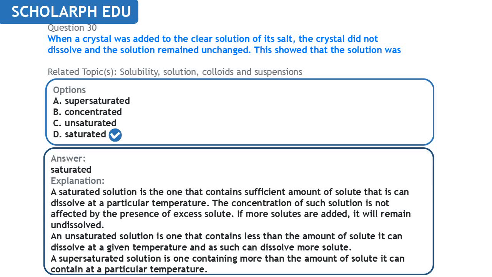A saturated solution contains a sufficient amount of solute that it can hold or dissolve at a particular temperature. If you add more solute to it, it will remain undissolved unless the temperature changes. That's when some of them may dissolve, or some of those dissolved before may even crystallize out. So the solution there is saturated, which is why the new crystals added to it did not dissolve.